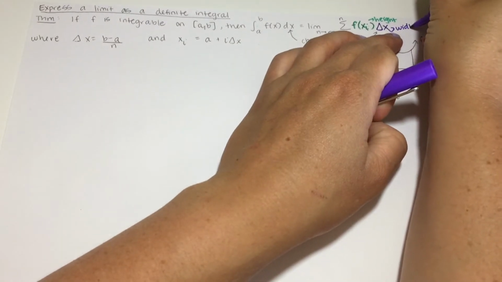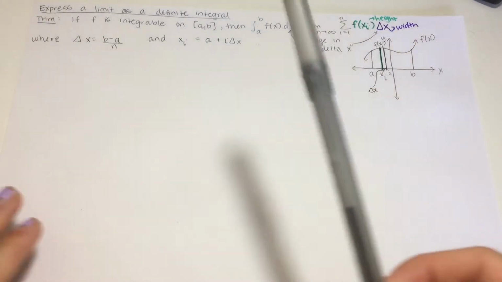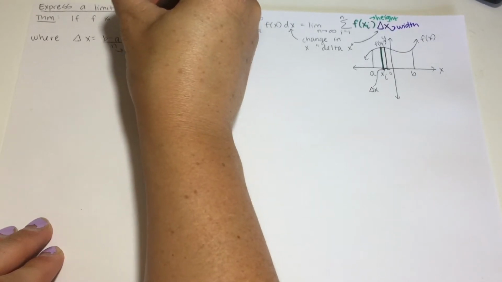So here, this theorem shows us how the integral is the same as this summation as the limit goes from n to infinity.